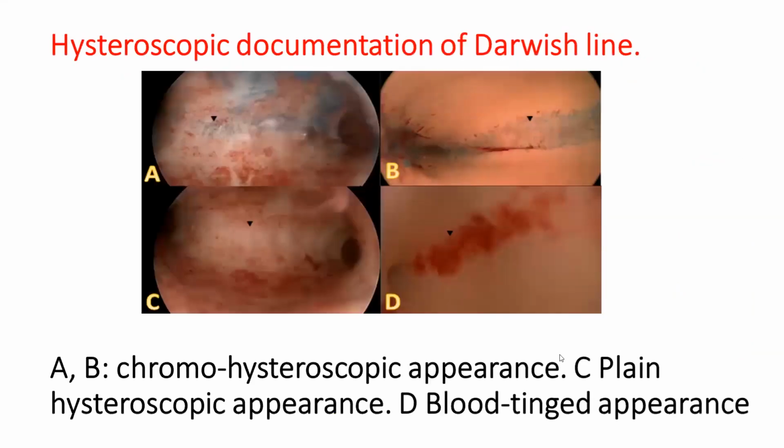So let's move forward to hysteroscopy. I told you we can see in this C photo the endometrium without staining. It shows a fundal defect. With staining with methylene blue, the defect is more evident, and sometimes with blood it is evident, as seen in D picture.